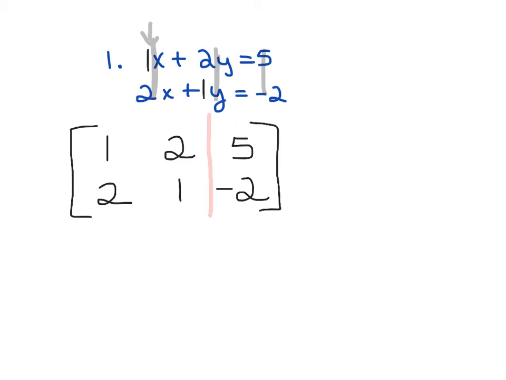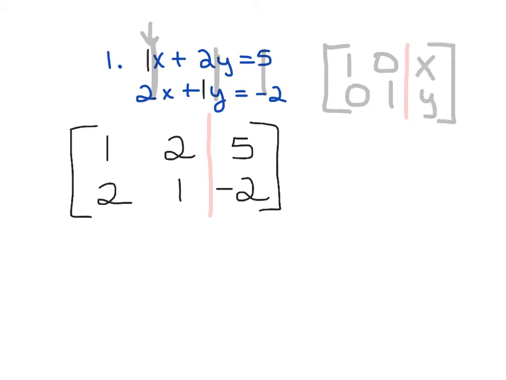Now, what we're trying to do here is transform this matrix into an identity matrix. And the identity matrix looks like this, where we're going to have ones down the diagonal. And then over here is going to be the answers for x and y.